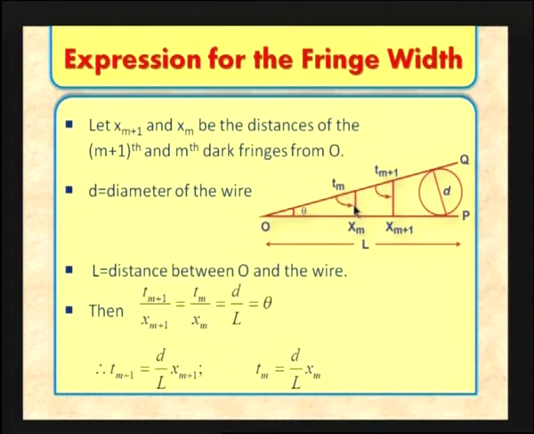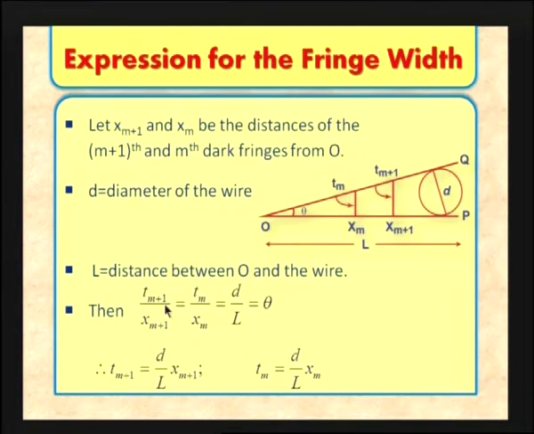Now, T m and T m plus 1, both of them will depend upon this kind of expression, which will hold good. You will have d by L, where d is the thickness of the wire, because of which you get the air gap. So, d by L will be equal to theta, provided theta is very small.